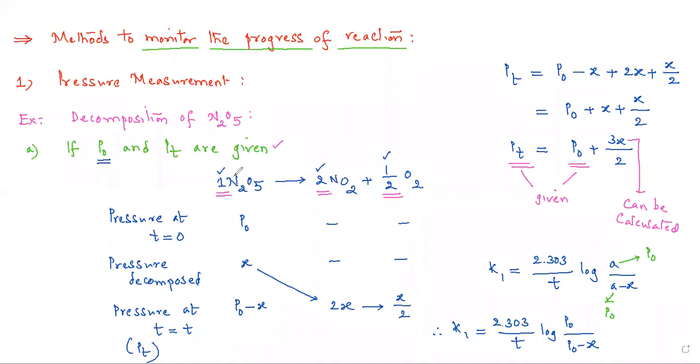These two are given, from which we have calculated x, the amount that has reacted or the pressure that has decreased or decomposed. Then finally, we have calculated K1. So this is how we'll be monitoring the progress of the reaction, taking the pressure into consideration. Now, let us go for the second variety.